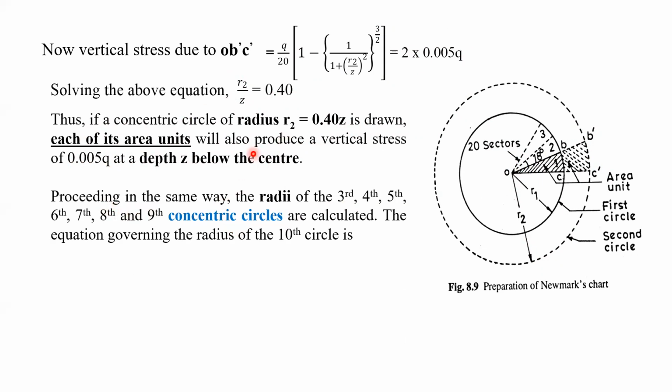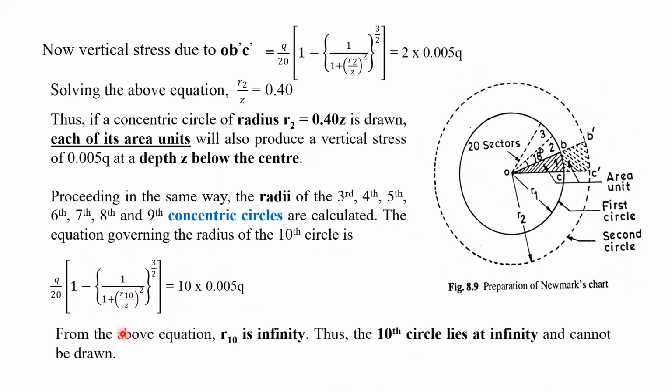Proceeding in the same way, how we have drawn the circle R1 and then R2, likewise we can also draw the third circle, fourth circle, fifth, sixth, seventh, eighth, ninth. Concentric circles we can draw. The equation gives the radius of the 10th circle like this, okay?